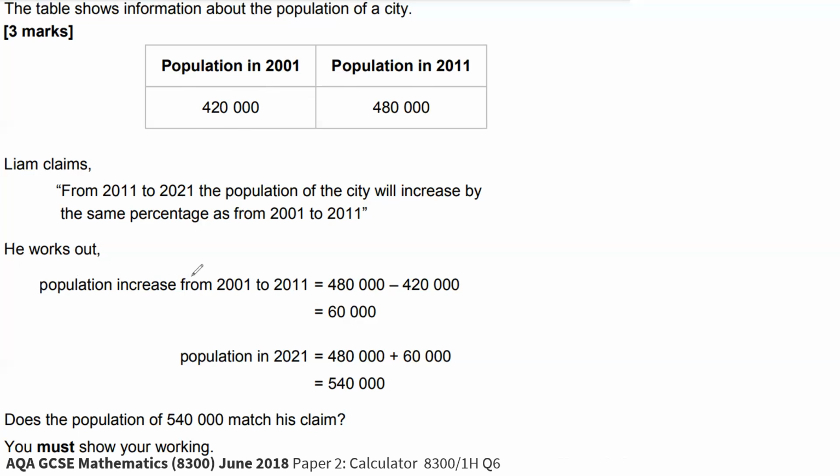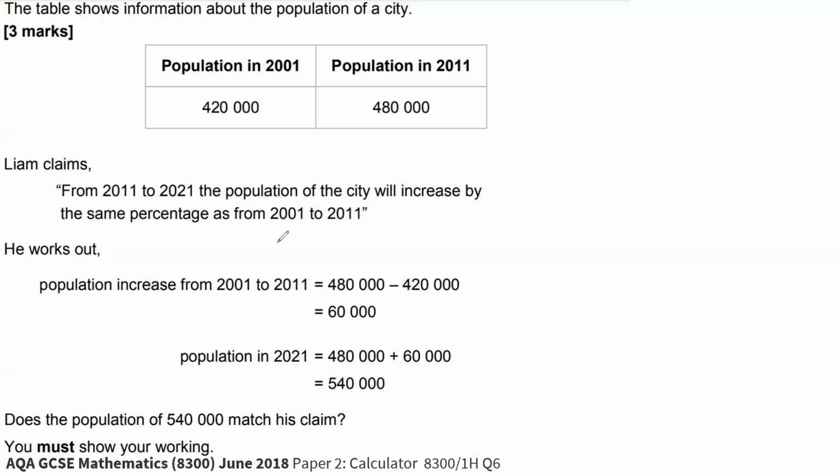So he works out the increase from 2001 to 2011 as 60,000, which he then adds to the population in 2011 to get this value of 540,000 people. And the question is asking you, does the population of 540,000 people match his claim that the population will increase by the same percentage from 2001 to 2011 as it does from 2011 to 2021. It's telling you that you must show your working.